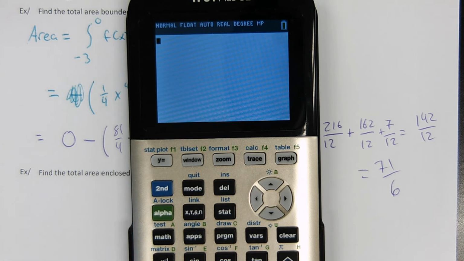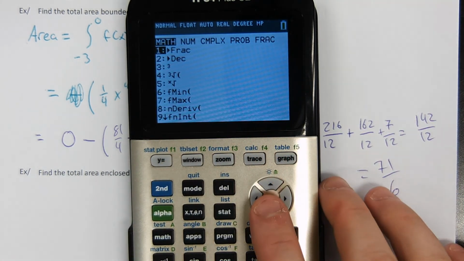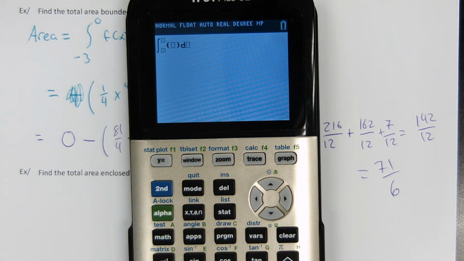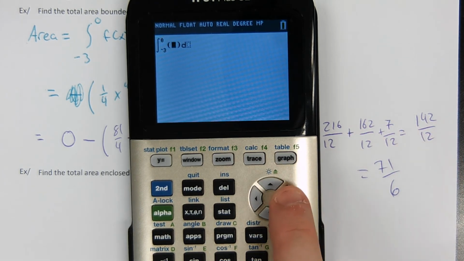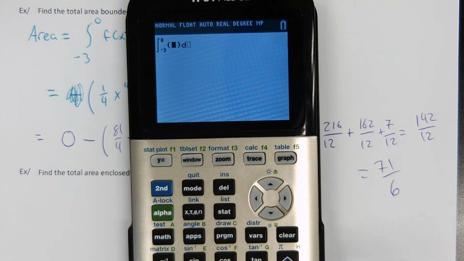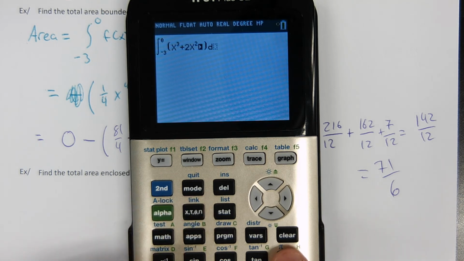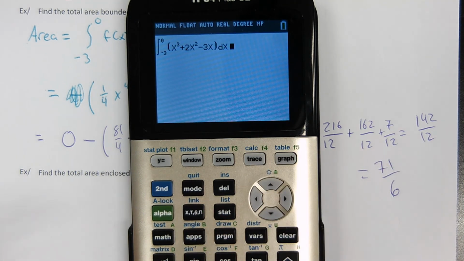What we're going to do is say math and then f in integral. So it's math 9. We're going to say from -3 to 0. We have to type in our function: x cubed plus 2x squared minus 3x, and that's dx.